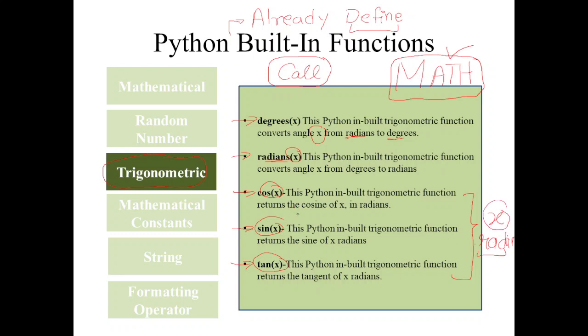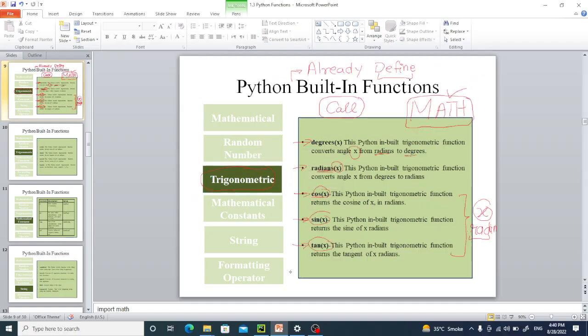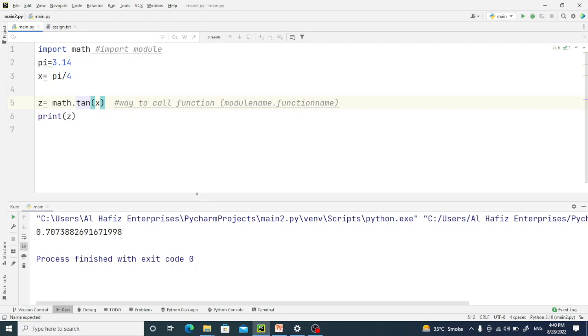So let me use this in Python software. I am going to open PyCharm, which is a Python development environment. However, you can use any development environment to write code in Python. First of all, we import the math module, because this is the module in which trigonometric functions are stored.